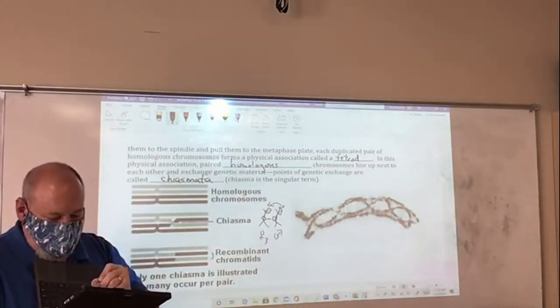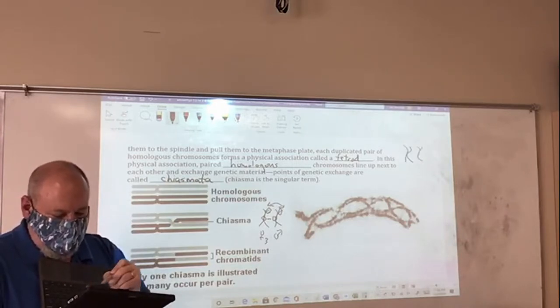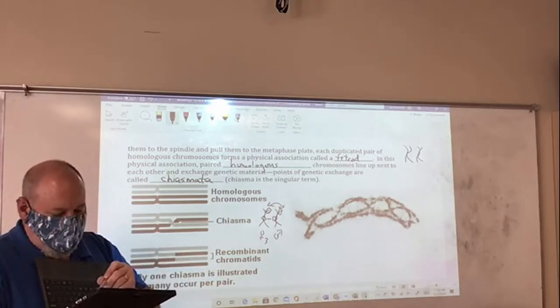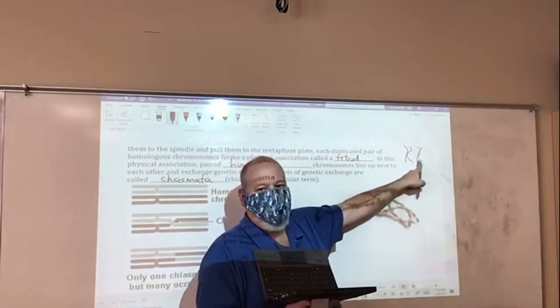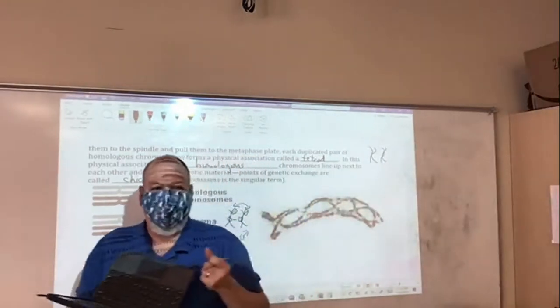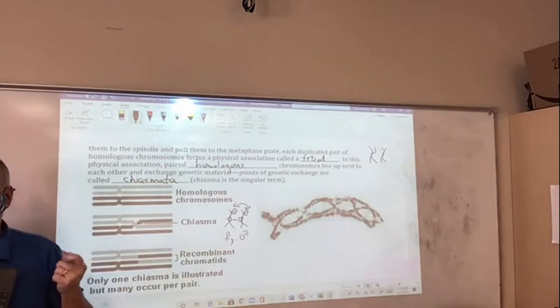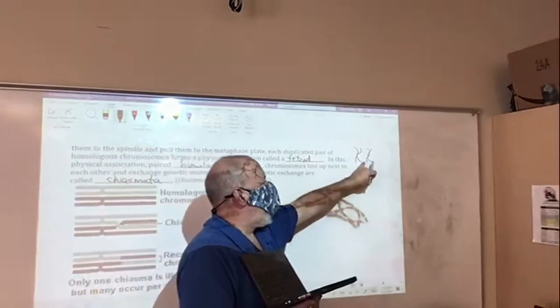So when these things line up at the metaphase plate, the homologous pair, I don't really have a mom or a dad's pair of chromosomes anymore, right? Both of these pairs of chromosomes now contain a mixture of genetic material, and it's a unique mixture of genetic material. It's not pre-programmed in any way, shape, or form.